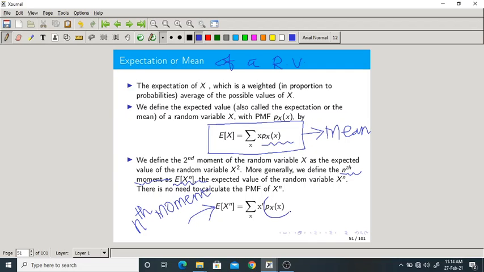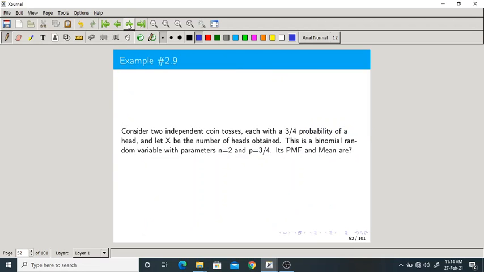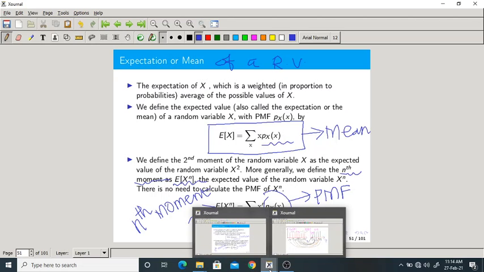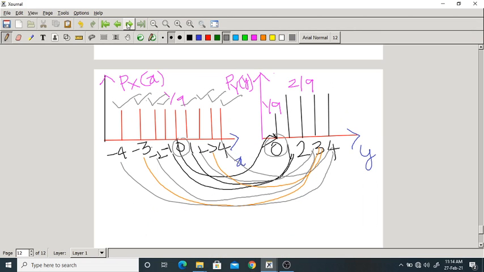Now please remember this is a PMF. So you just try to understand the formulas carefully.